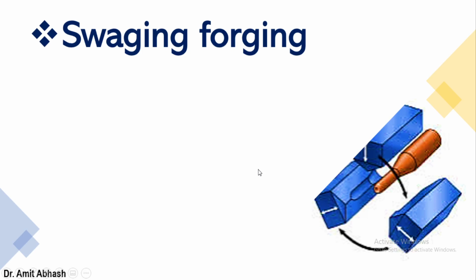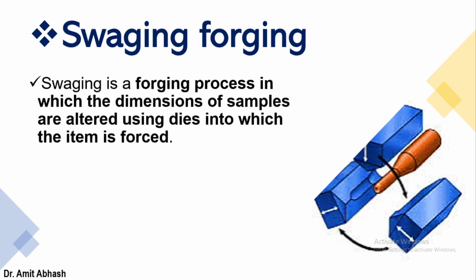The next is swedging forging. Some points regarding swedging forging. The first point is that swedging is a forging process in which the dimensions of the sample are altered using dies into which the item is forged.